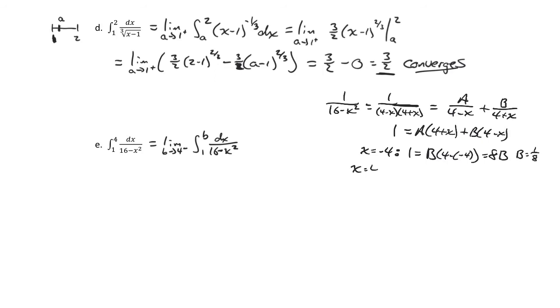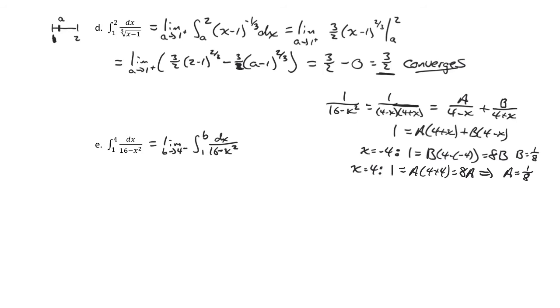Similarly, if we let x be equal to 4, then the 4 minus 4 in the second term would be 0. And so we'll just end up with 1 equals a times 4 plus 4. So 8a is equal to 1, which means that a is also 1/8. Kind of a nice little coincidence there. Or maybe it's not a coincidence.